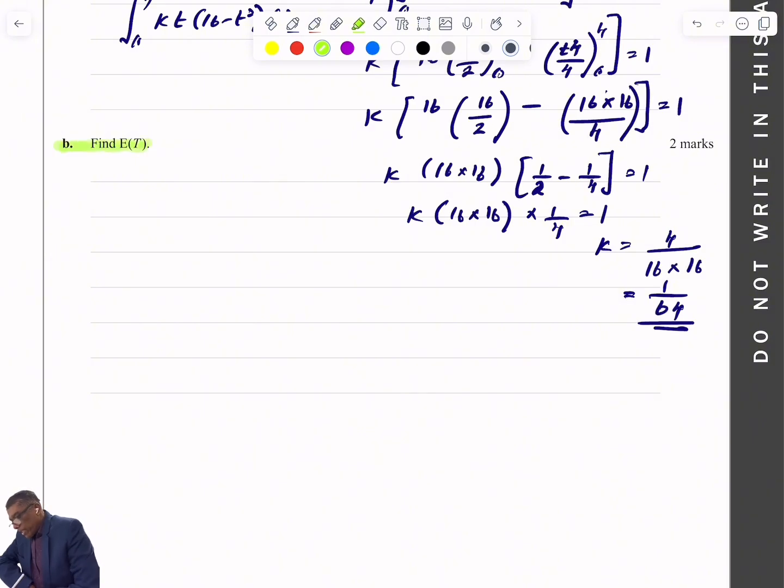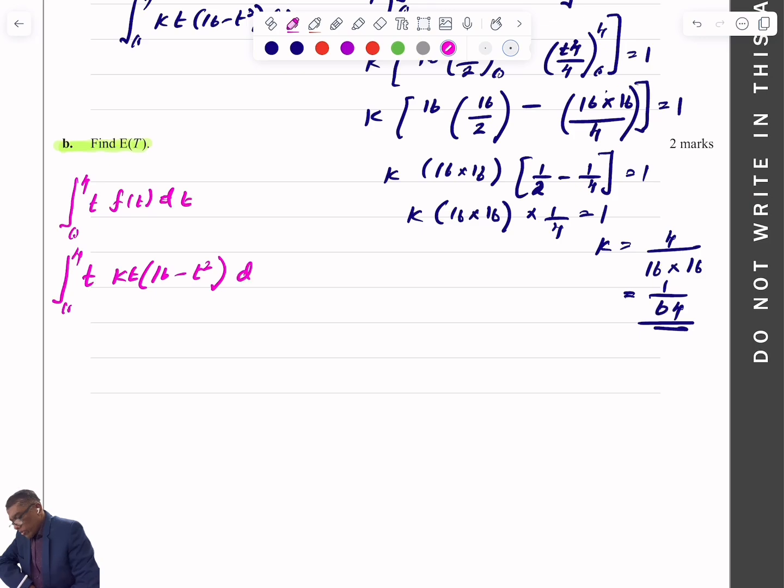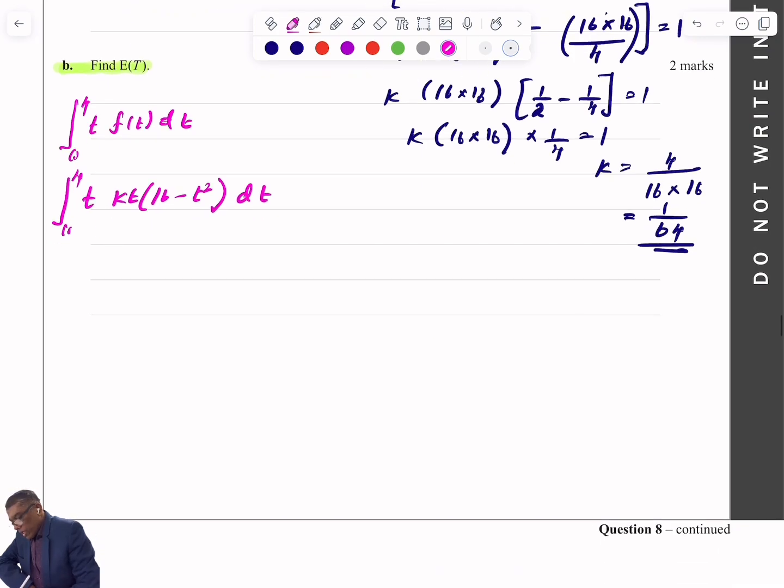We know the expected value can be written as 0 to 4 t times f(t) dt, which is 0 to 4 t times k t times 16 minus t square dt. K can be taken out: 0 to 4 t square times 16 minus t square dt. This is E of t.